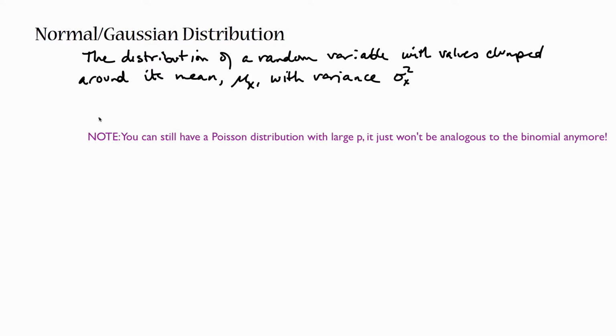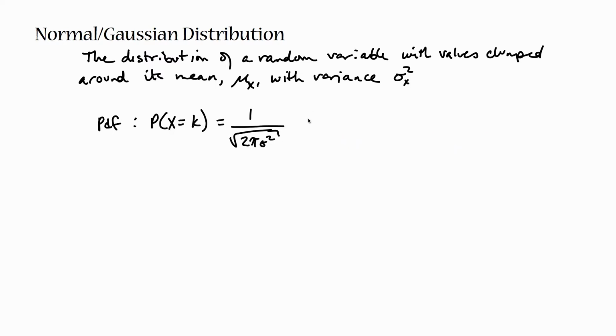So the probability density function, the probability that the random variable is equal to some value called k, is actually given by this huge big ugly thing: 1 over the square root of 2 pi sigma squared times e all to the negative (k minus mu) squared over 2 sigma squared.